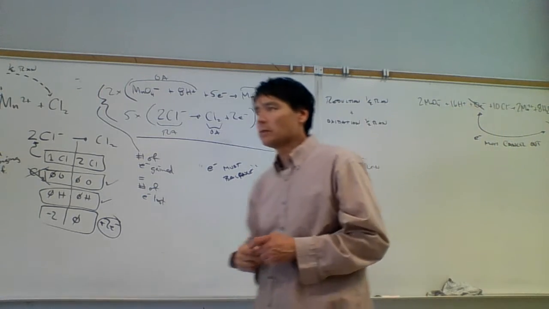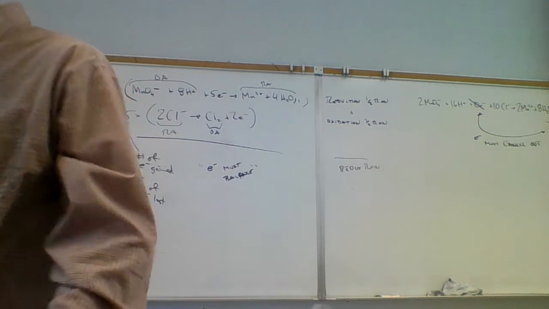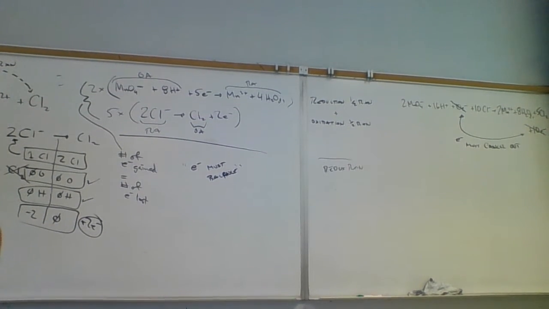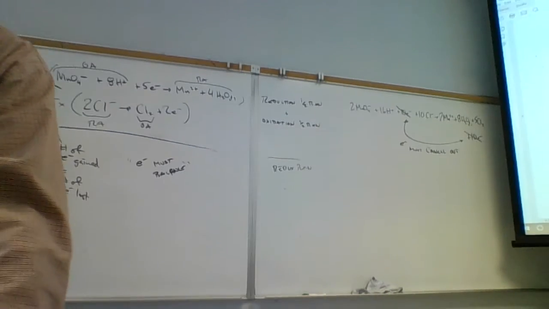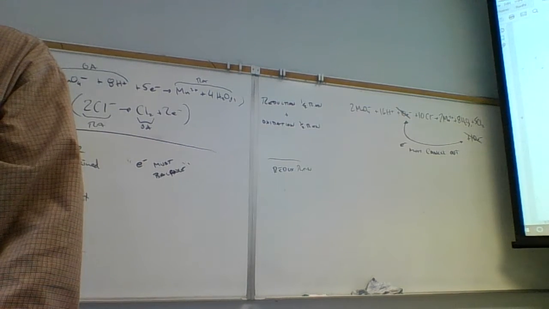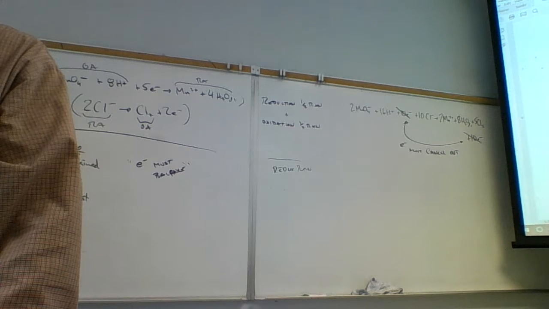It's not that they don't participate, they do participate. The situation is we can't have electrons left over. They would be too unstable. And we can't go buy a bottle of electrons. So we can't have electrons left over as products. And we can't have electrons left over as reactants, because where do you go to get electrons?